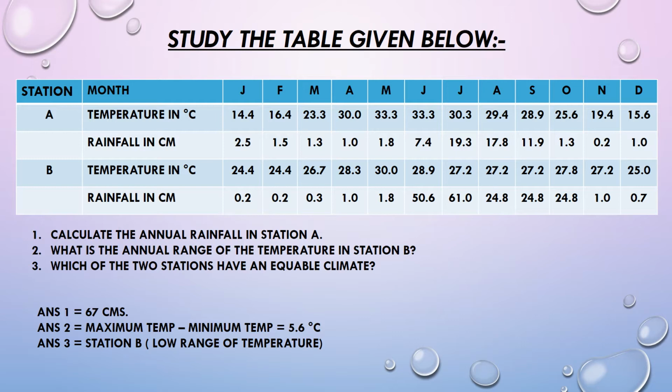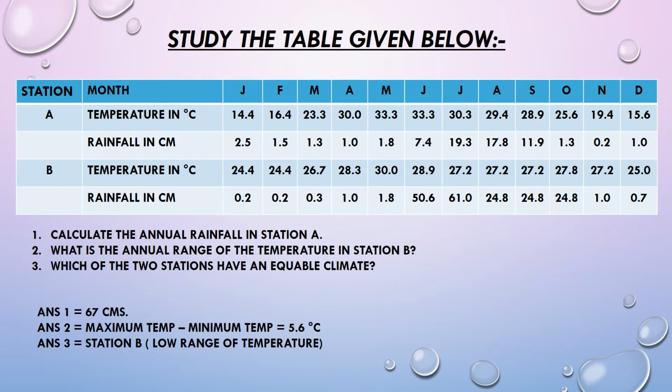Suppose January is 2.5, February 1.5, March 1.3, April 1.0, May 1.8, June 7.4, July 19.3, August 17.8, September 11.9, October 1.3, November 0.2, December 1.0. Now you add up all and your answer will be 67 centimeters.